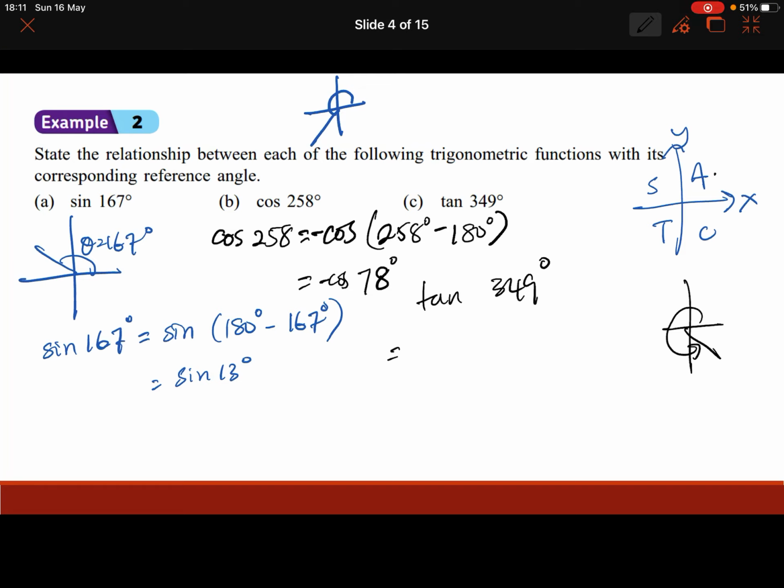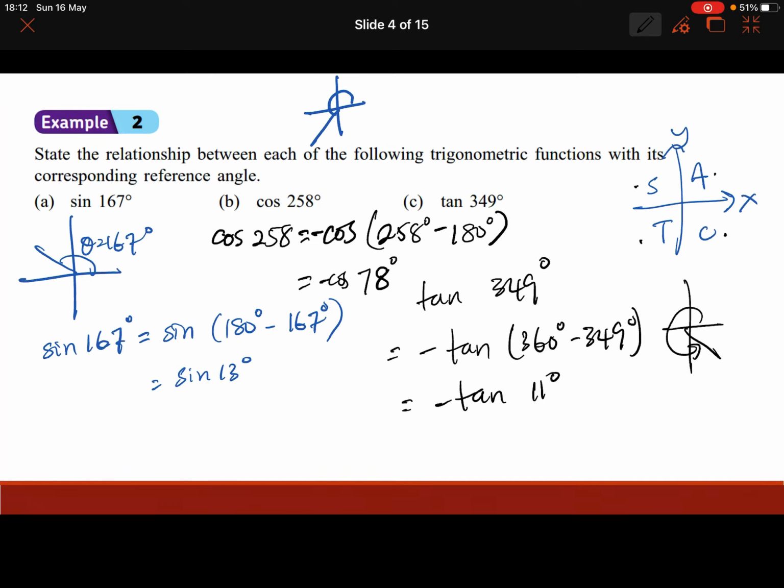Here all positive, only sine positive, only tan positive, only cos positive. So tan in the fourth quadrant is negative. So negative tan 360 minus 349 equals to minus tan 11 degree. So that's the relationship.